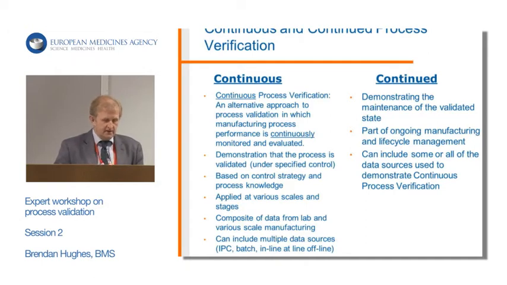I think continued process verification is in some ways a little easier to align on, because we're doing it quite often now in terms of using the tools of continued process monitoring. A lot of companies are now trying to generate confidence about how our process operates.